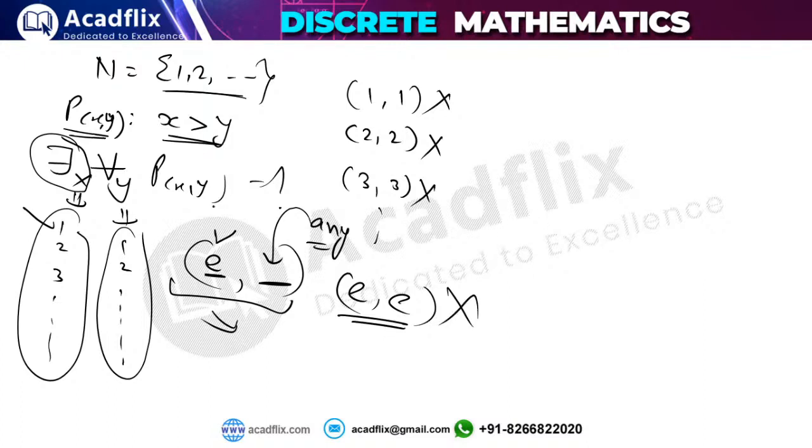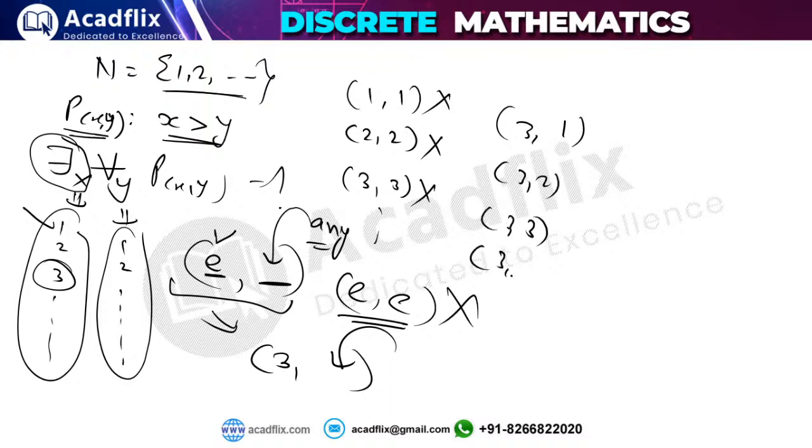I am saying that you find me at least one value, whatever value. It is your choice, but just find me at least one value. Let's assume that value is 3. Now with this 3 you take 1, with this 3 you take 2, 3, 4, and so on. With this 3 you take all the values.